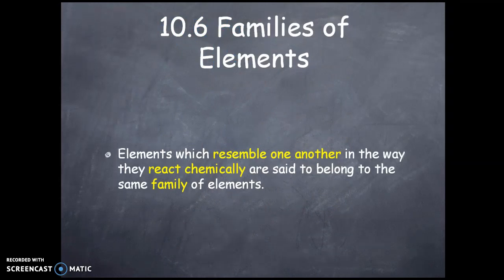Elements which resemble one another in the way they react chemically are said to belong to the same family of elements. So when you look at the periodic table, the elements which have the same type of chemical activity or chemical features are classified into one column.